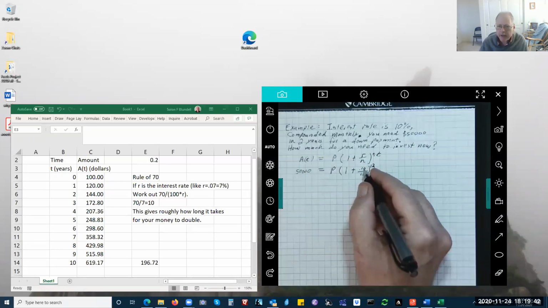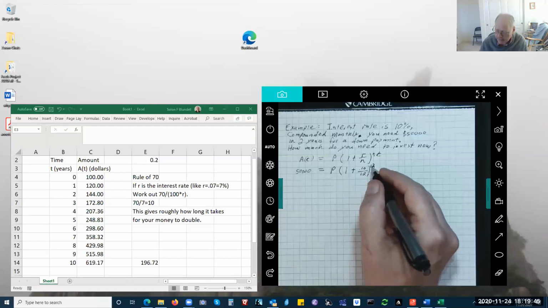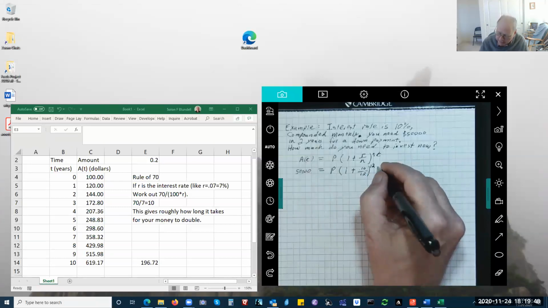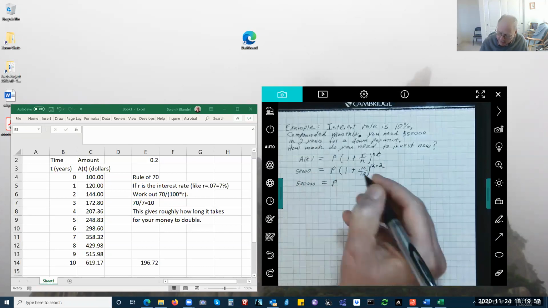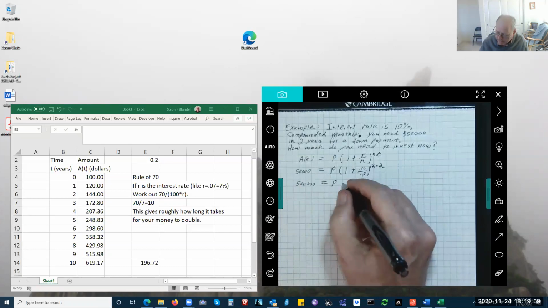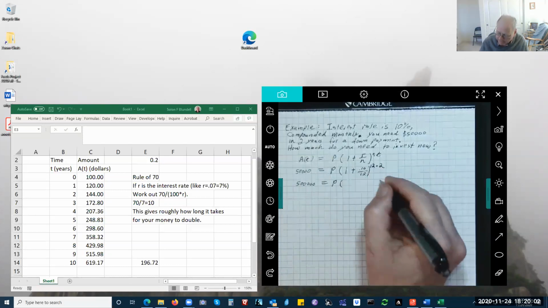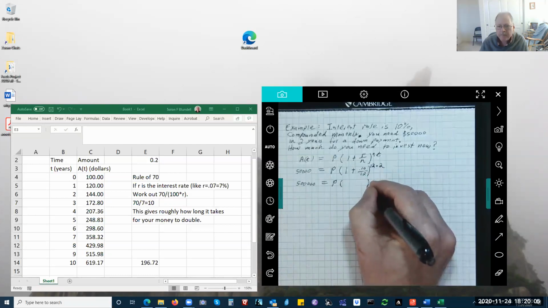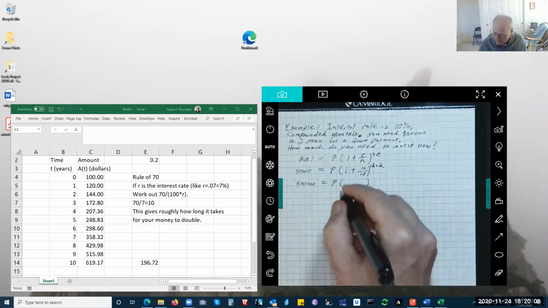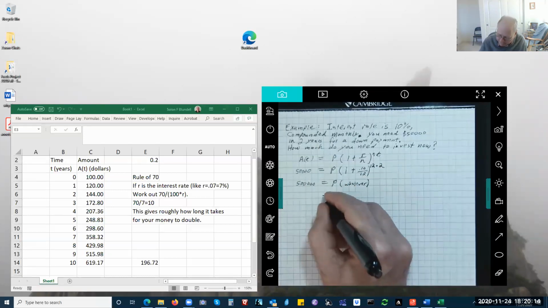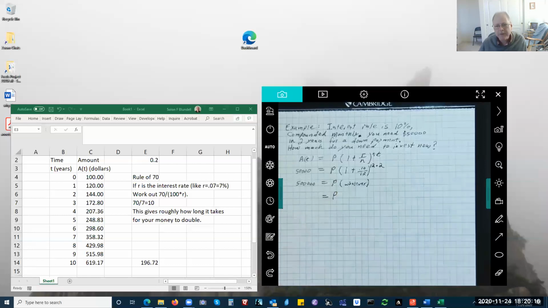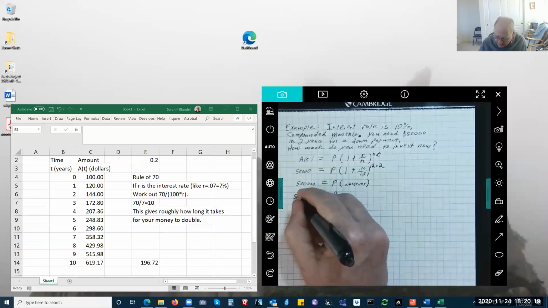At a 10% interest rate, compounded 12 times a year, and you're going to leave it for 2 years, so it's 12 times 2 here. So 50,000 is P times whatever this is. So how much principal do we need to invest? It's $50,000 over whatever that is.